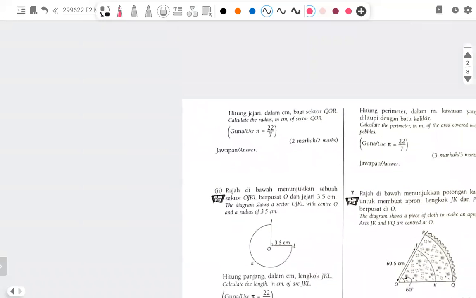Calculate the radius. We want to find the radius of the sector QOR. Let me draw here. You can proceed first if you know how to do. Like this, right? 45, then here is 44.